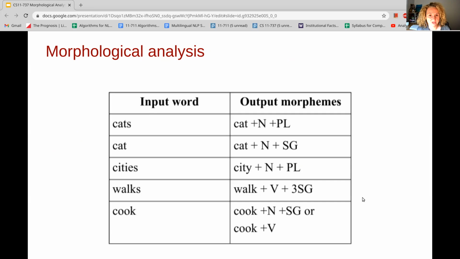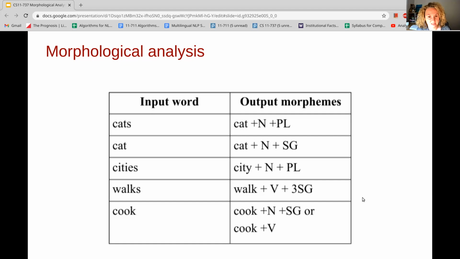For example, given an input cats, the morphological analyzer's output will be cat plus N, which corresponds to noun, plus PL, which corresponds to the plural form. So morphological parsing is the process of determining what those morphemes are given an input word.